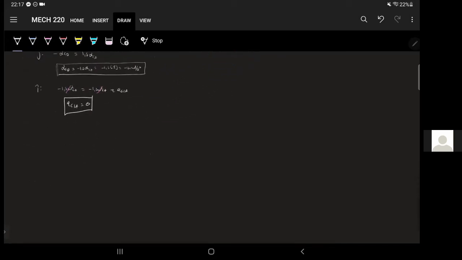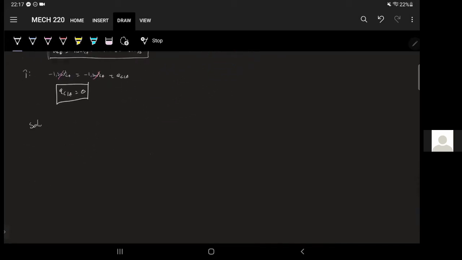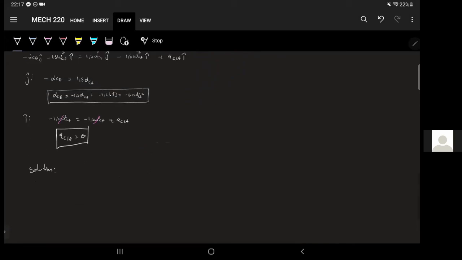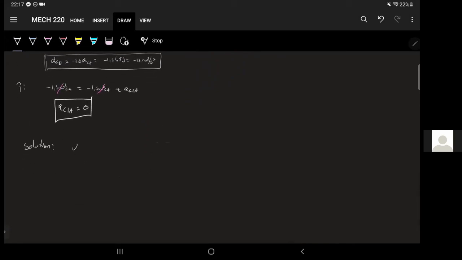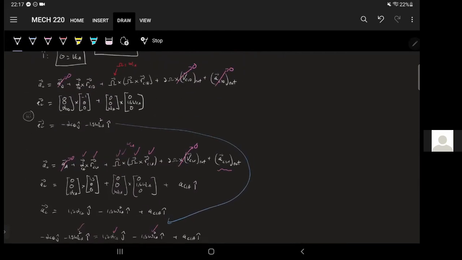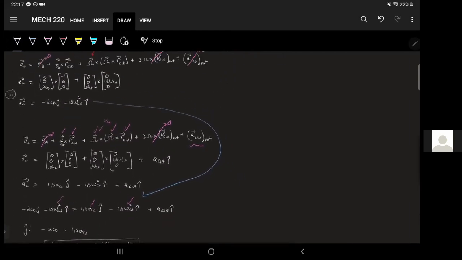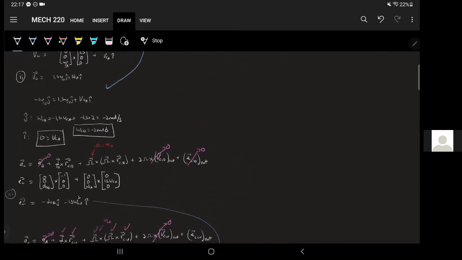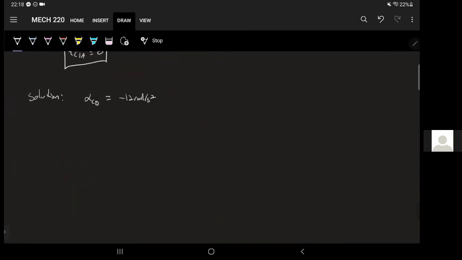Our final solution, since we're only asked for alpha CD, is minus 12 radians per second squared, and for omega CD, which we found previously to be minus 3 radians per second.